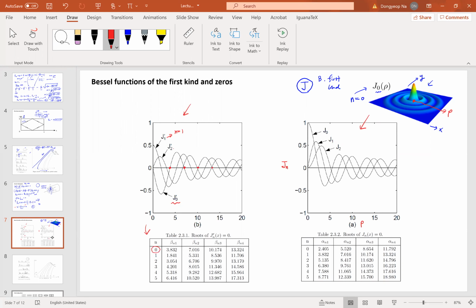This is the case when n is equal to 0, this function. So these values are zero crossing, I mean this point.